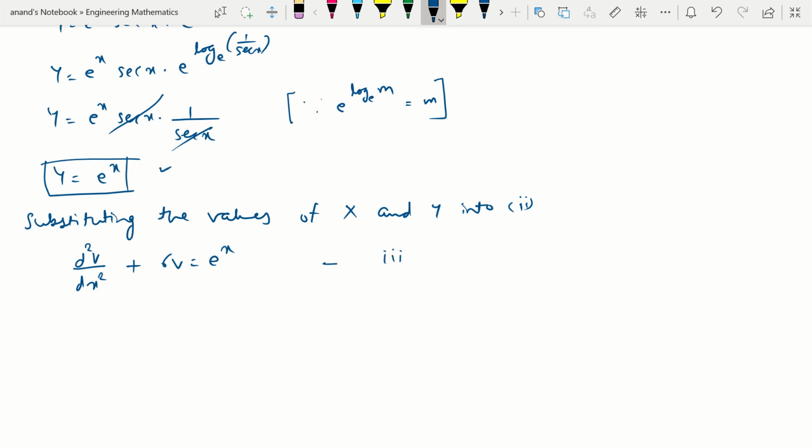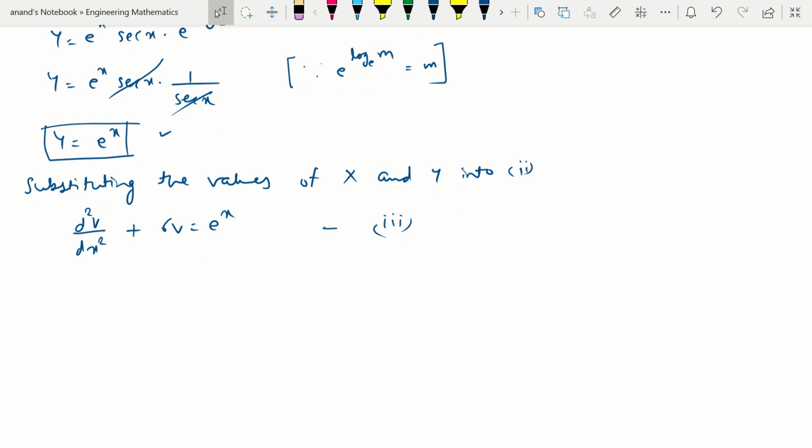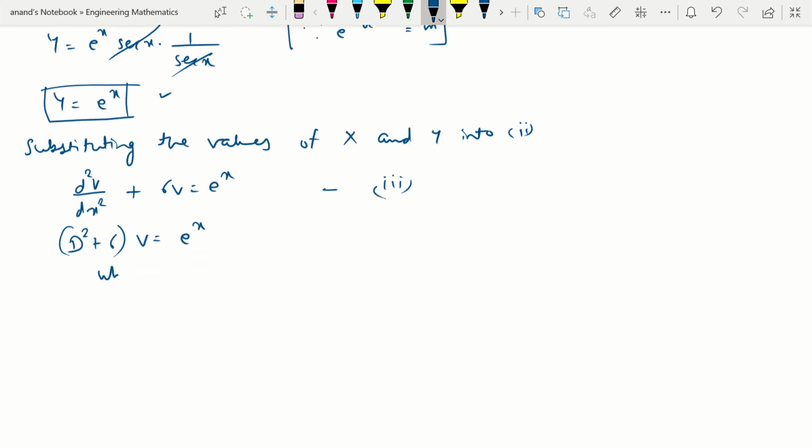So this becomes equation number three. So to solve this, we will put D square plus 6 v equals e to the power x, where capital D refers to d by dx.